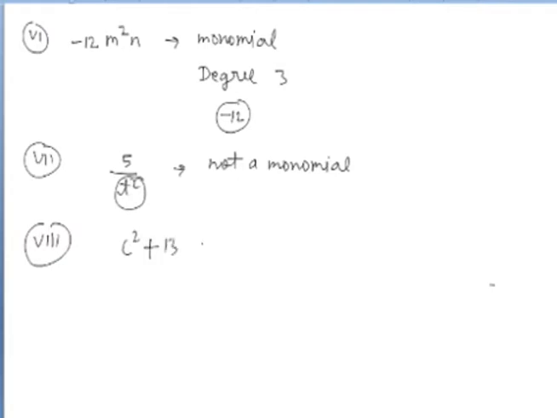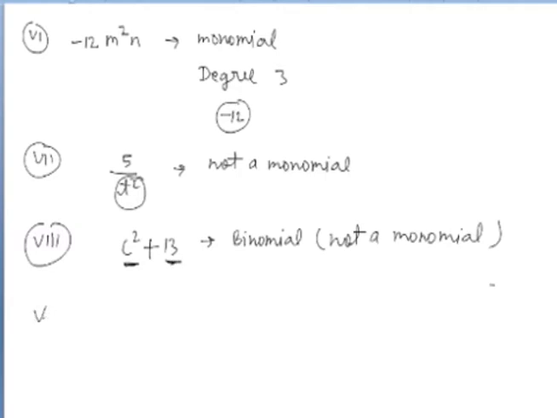So this is not a monomial, this is a binomial. Why? Because here are two terms, c square and 13.